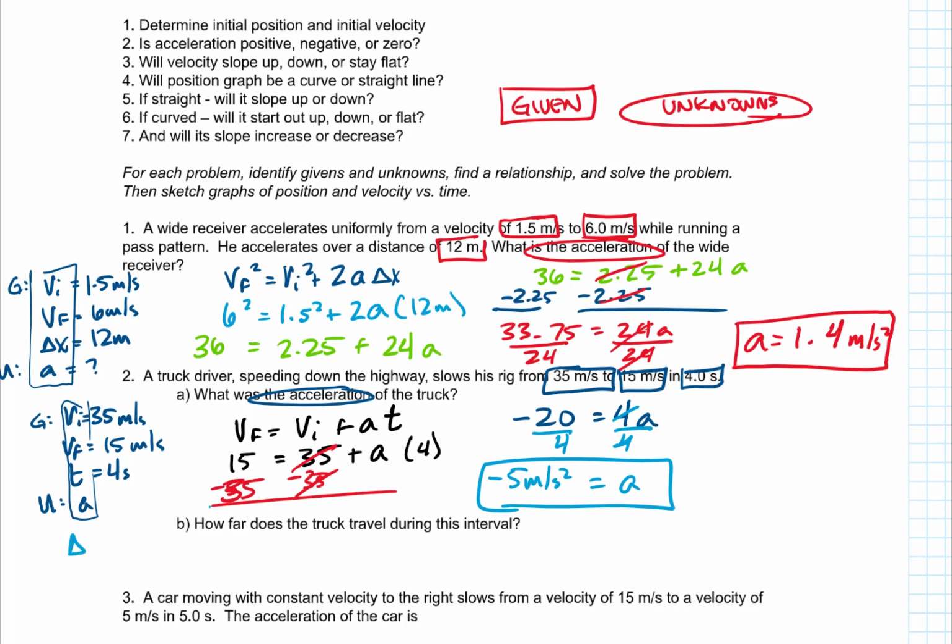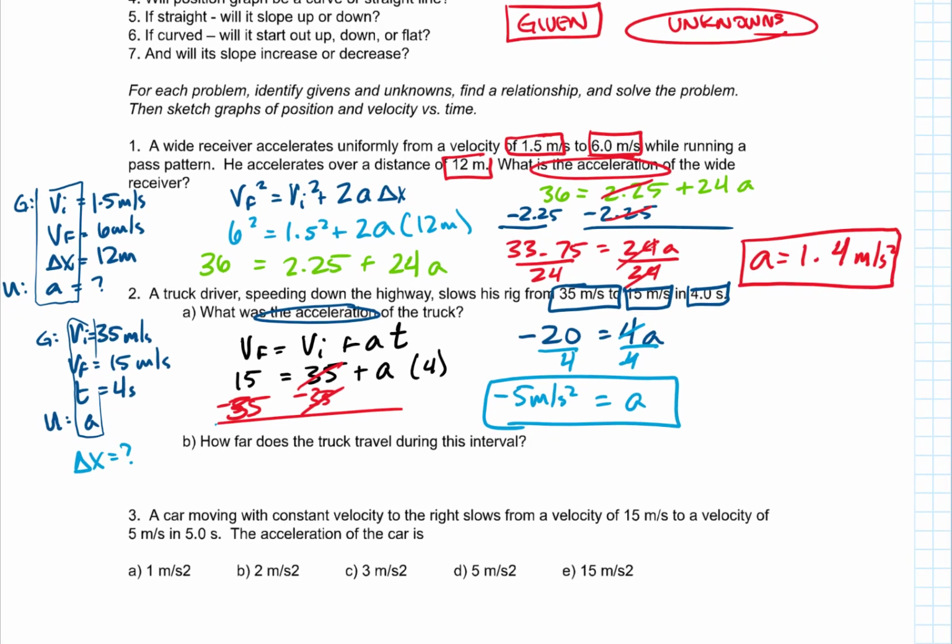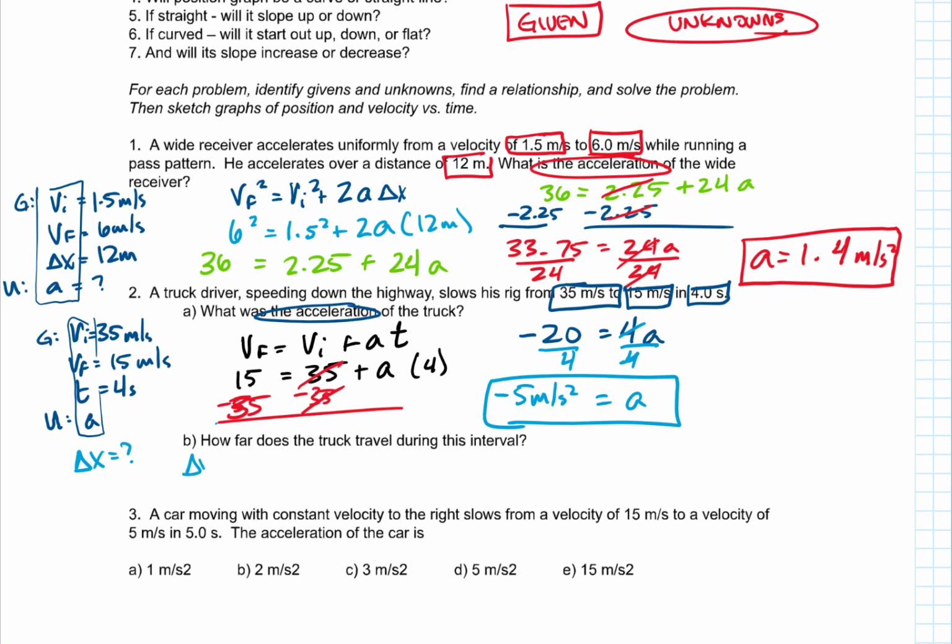Well, that makes my other unknown delta x, but I've got everything, so I'm going to pick the easiest equation for me to plug things into. The easiest equation for me to plug things into is delta x is equal to v initial times time plus 1/2 acceleration times time squared. And we can just plug numbers straight into that.